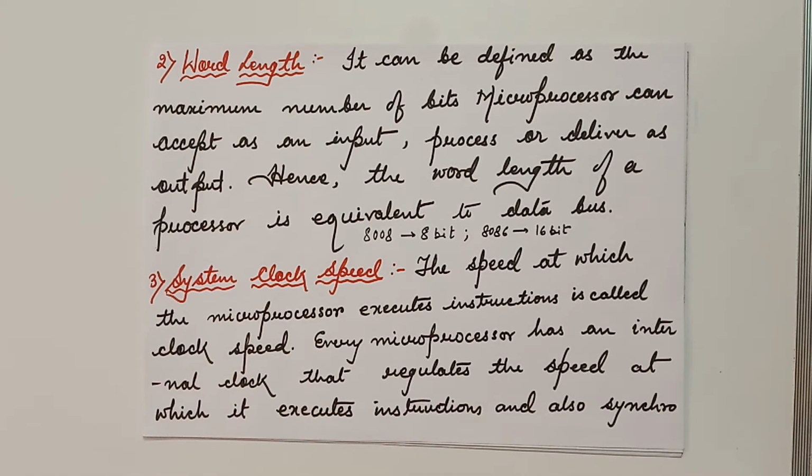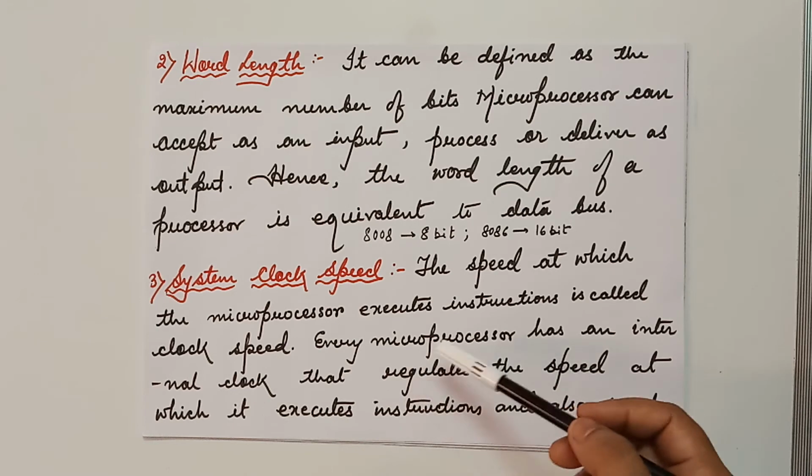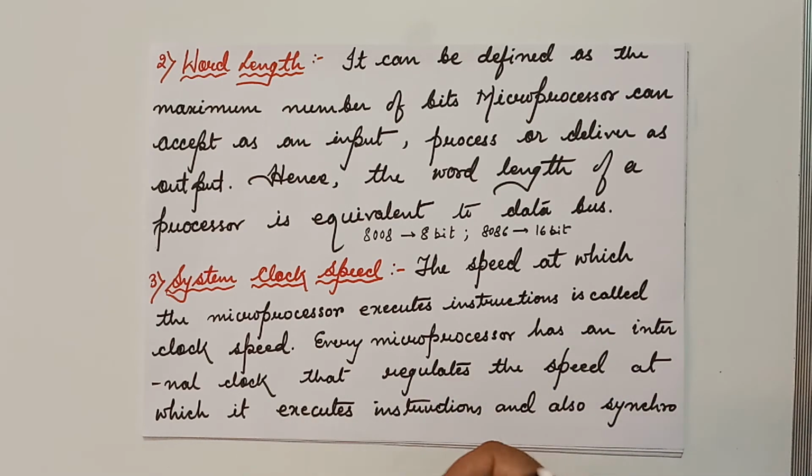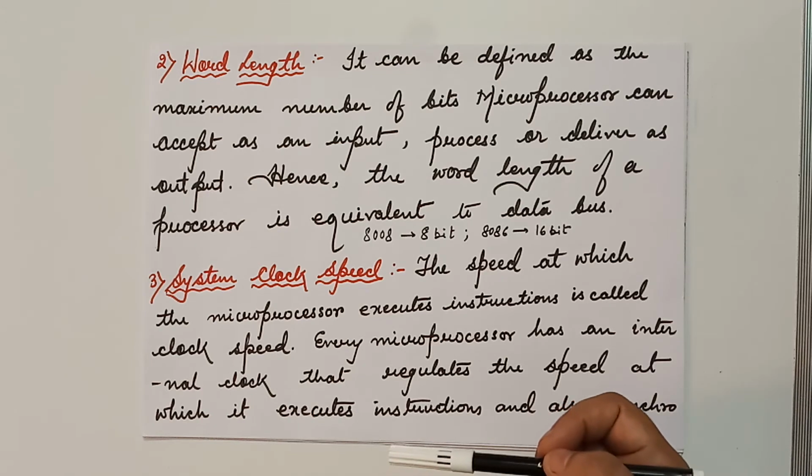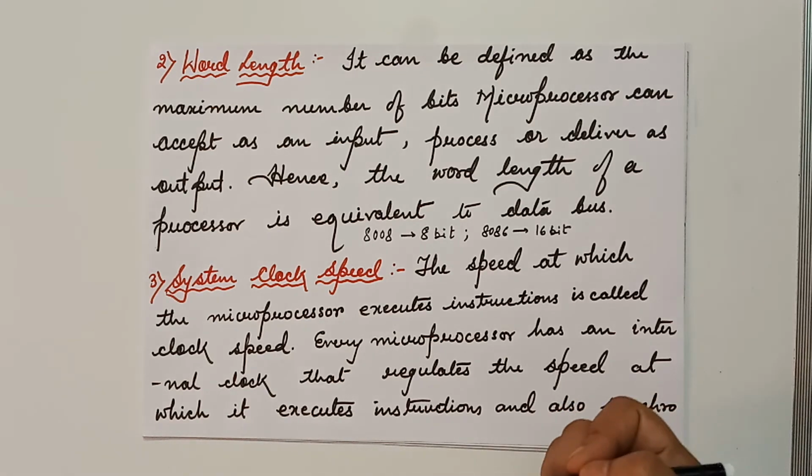Now next is the system clock speed. What is system clock speed? The speed at which the microprocessor executes instructions is called the clock speed. If you recall the definition of the microprocessor, there we mentioned that the microprocessor is clock driven. It uses a clock.